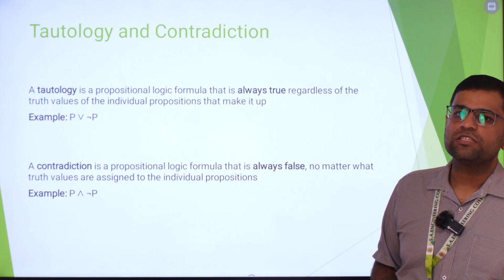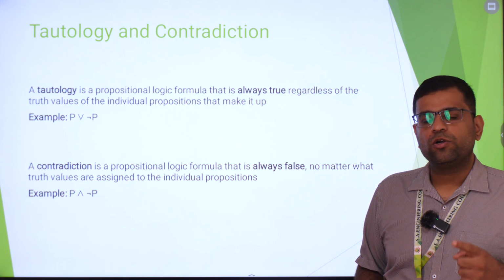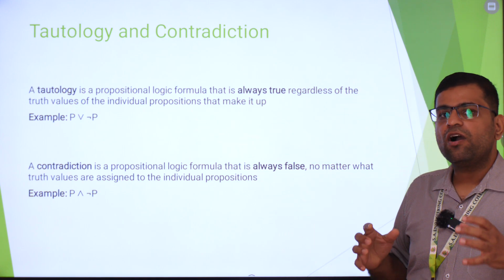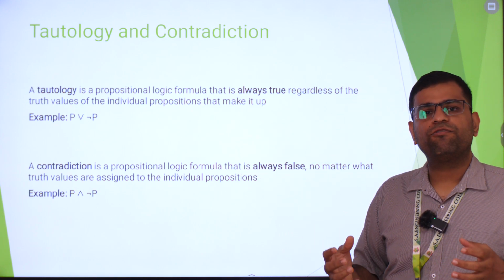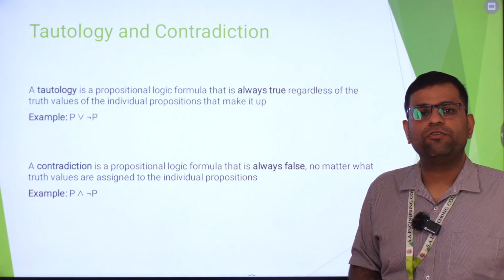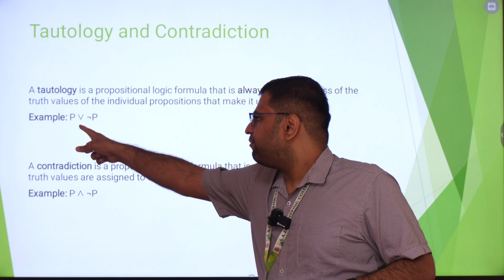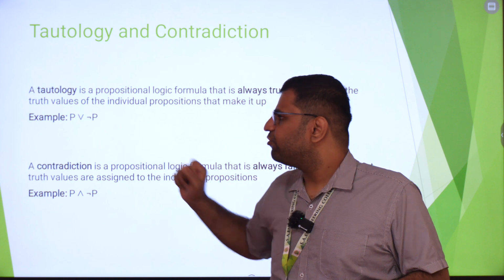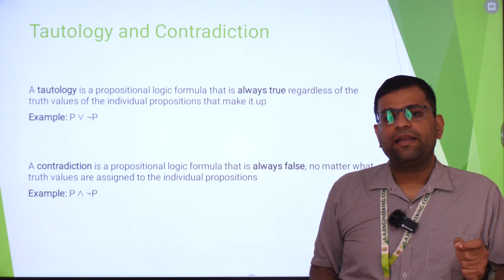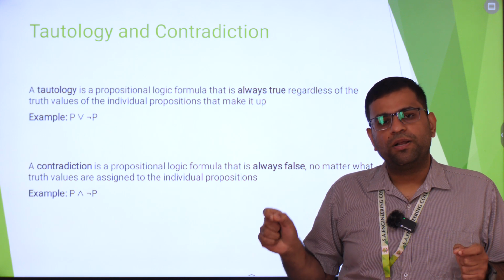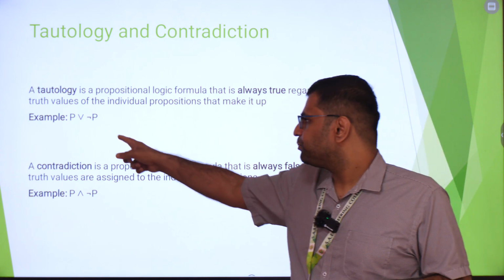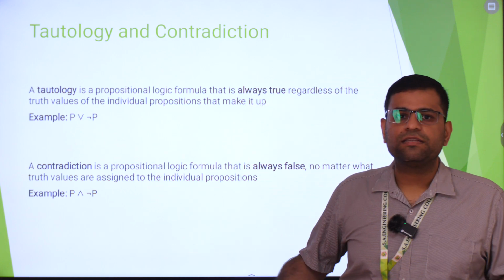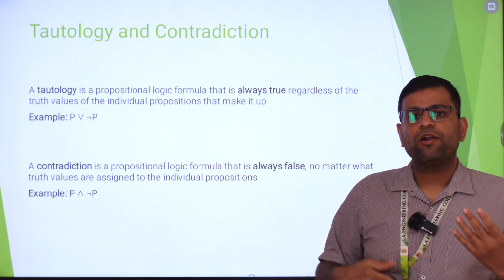And there are two concepts in propositional logic. Tautology is a propositional logic formula where, regardless of the value of the propositions, the entire statement turns out to be true. Let's say we have a proposition P, in disjunction with the negation of P. If P is true and the negation is false, the entire result turns out to be true, and the other way around too.